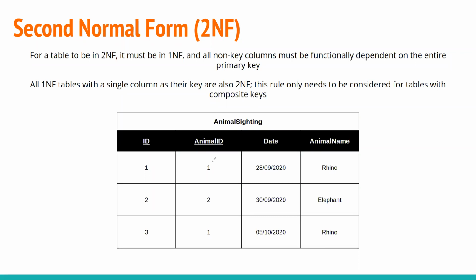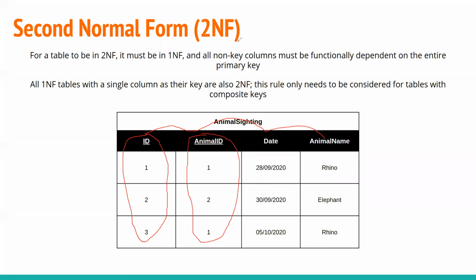You can see that animal ID is a part of our primary key, and ID is a part of our primary key. So we can see animal ID is functionally dependent on ID. That works. Date is functionally dependent on ID. So that works.